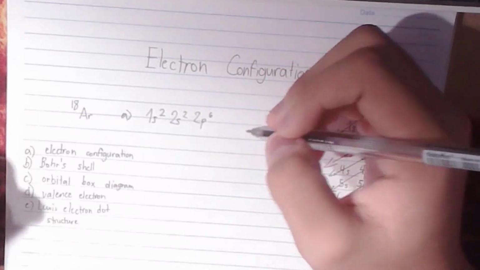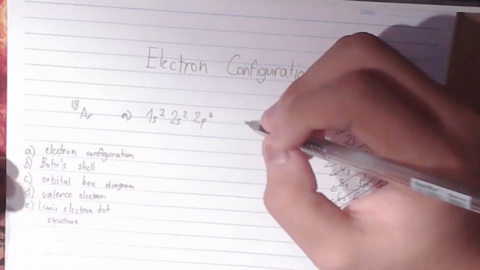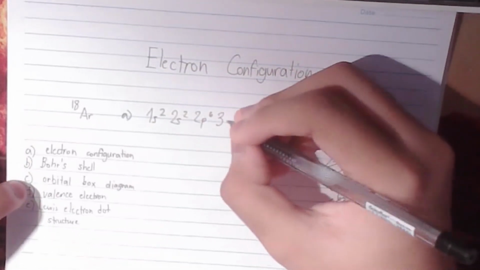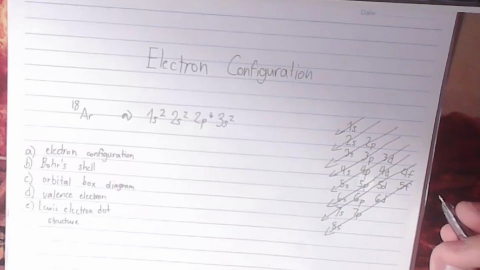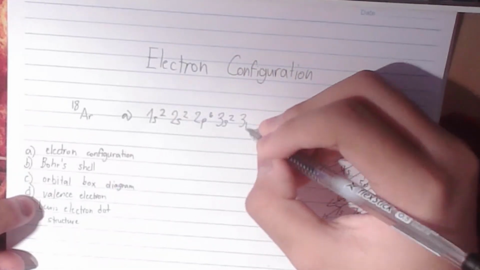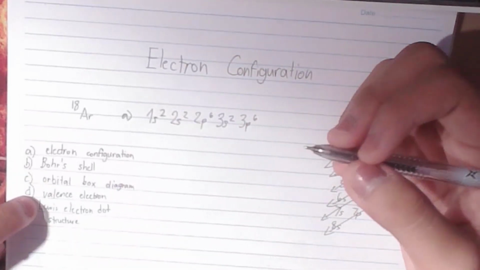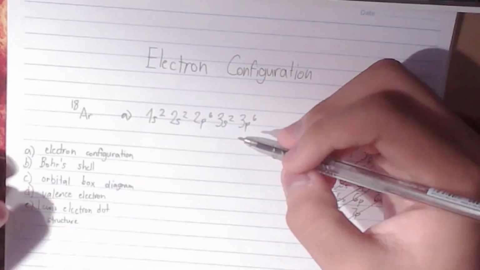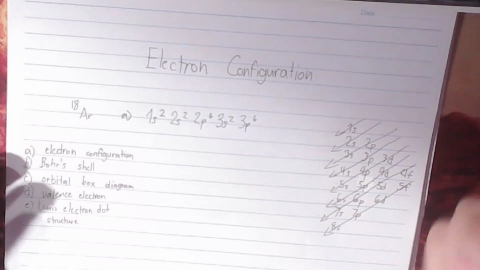We have 10, so we only need to add 8 more. Now let's go back to 3s2, and then 3p6. Now we have used all of the electrons. That is 18 already.